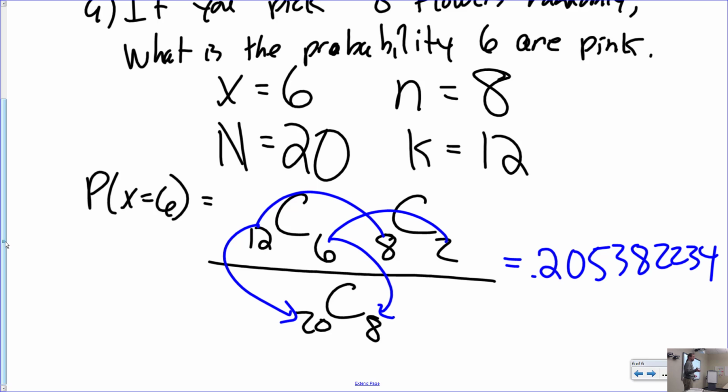Not bad. Again, the slightly tricky part about that one is getting the whole x, n, N, and k numbers correctly from the problem that you're working on.